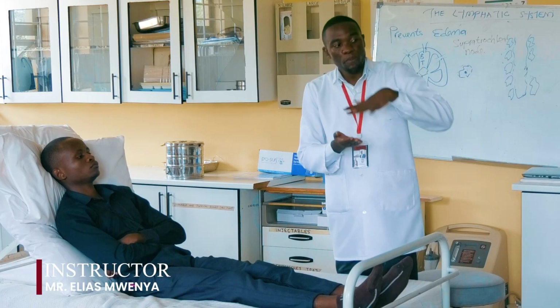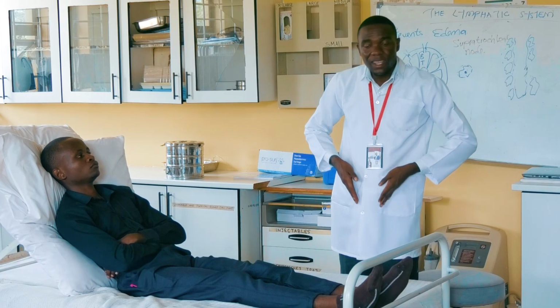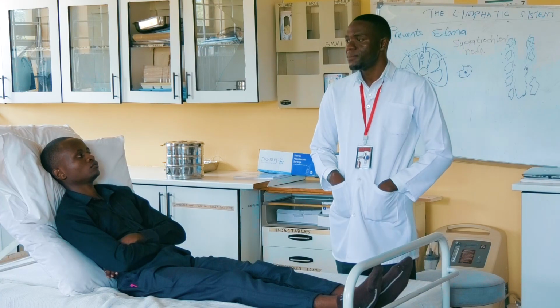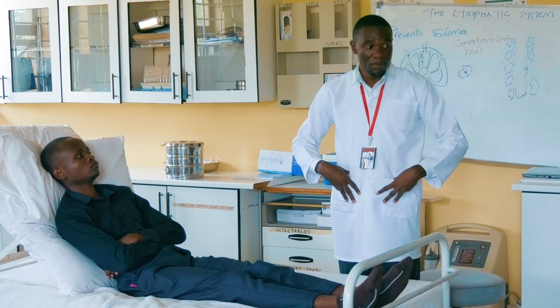So we have also the superficial inguinal lymph nodes, because this is the inguinal area. You can still palpate them. If they are inflamed, then they are palpable, then there is a problem, okay?